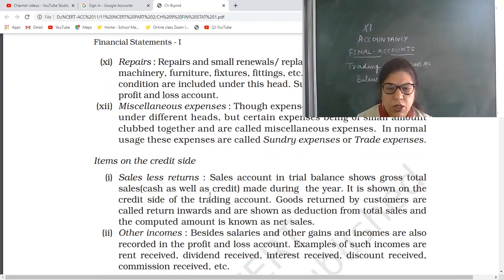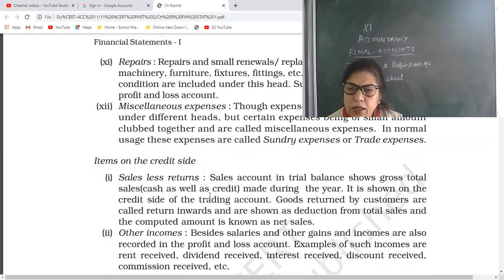Other incomes besides sales and other gains and incomes are also recorded in the profit and loss account. Examples of such incomes are rent received, dividend received, interest received, discount received, commission received, etc. So all received incomes.